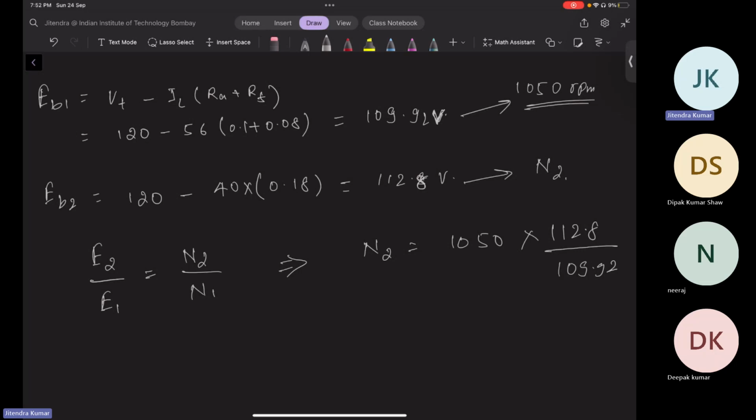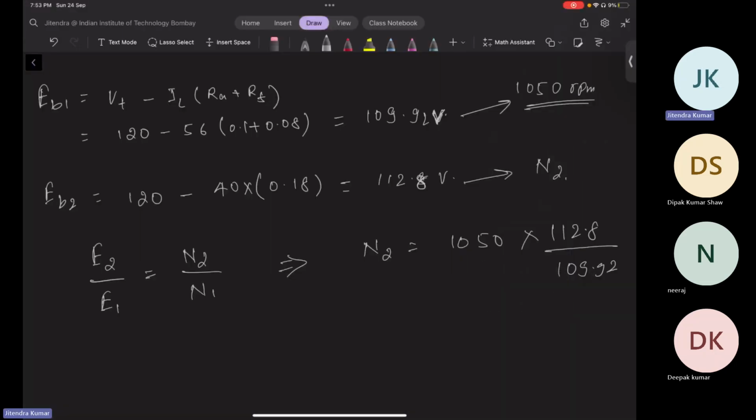You are varying the armature current as well as the field flux, right? Are you getting my point? So here we left IF2 and IF1, didn't we?